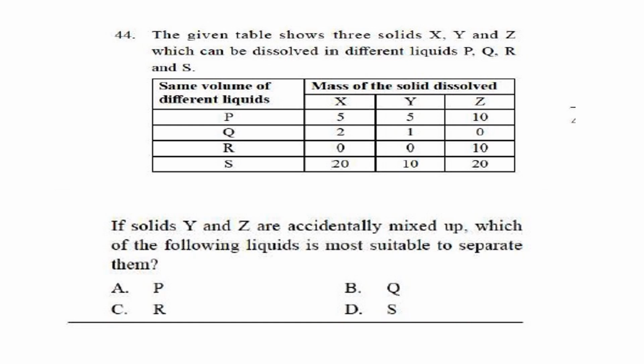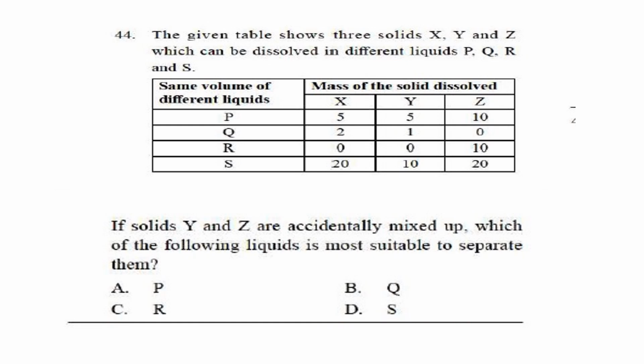Question number 44. The given table shows three solids X, Y and Z which can be dissolved in different liquids P, Q, R and S. Same volume of different liquids P, Q, R, S. Mass of the solid dissolved. If solids Y and Z are accidentally mixed up, which of the following liquids is most suitable to separate them?